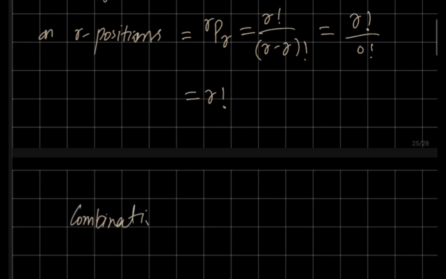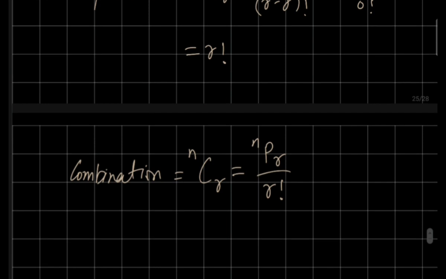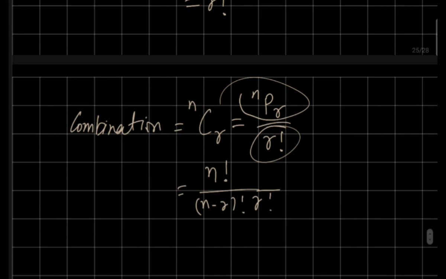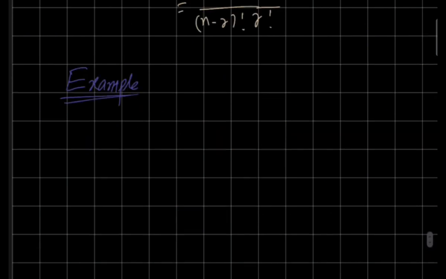So combination, which is denoted by nCr, is nPr over r factorial, because we are not interested in the arrangements of r objects on r different positions. What is the formula for this? It is n factorial over n minus r factorial, and this is r factorial. So this is the formula for the combination which we'll use in our upcoming example.